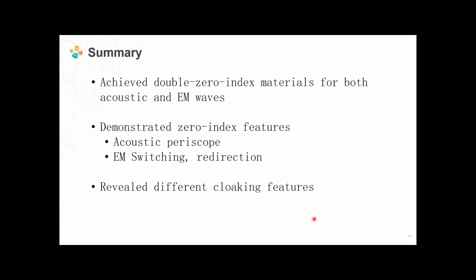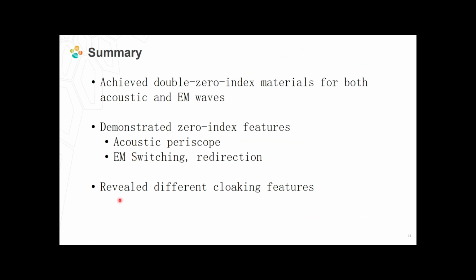So let me sum up. We achieved the double zero index materials for both acoustic and electromagnetic waves in 3 dimensions. And we have demonstrated some of these zero index features, but I have to say that these properties demonstrated are just a part of those intriguing properties, like the acoustic periscope and the electromagnetic switching and redirection functionalities.